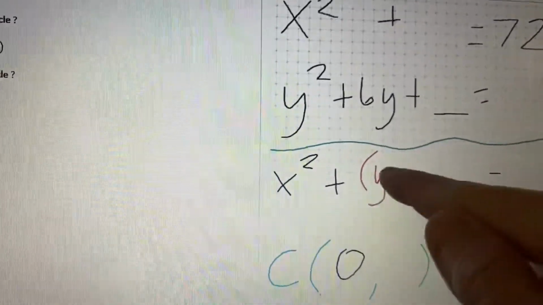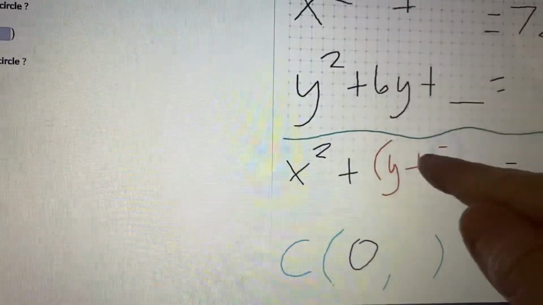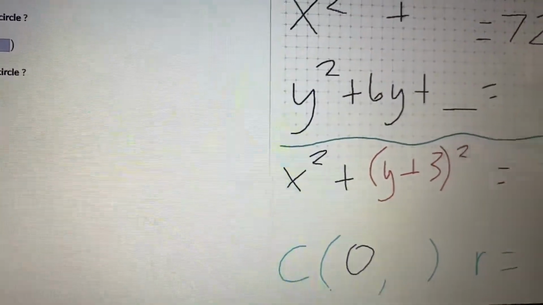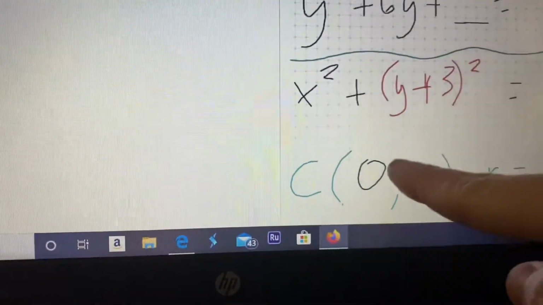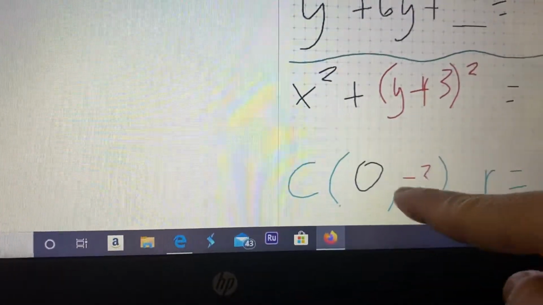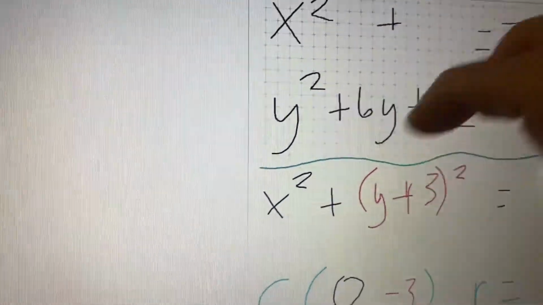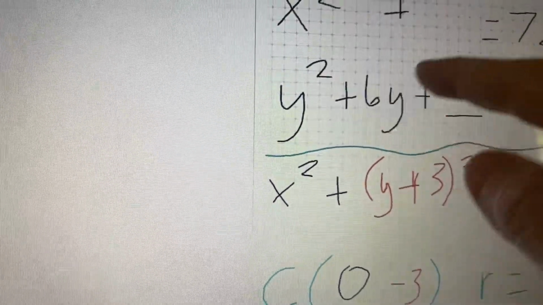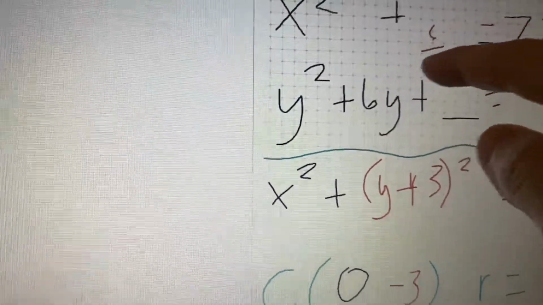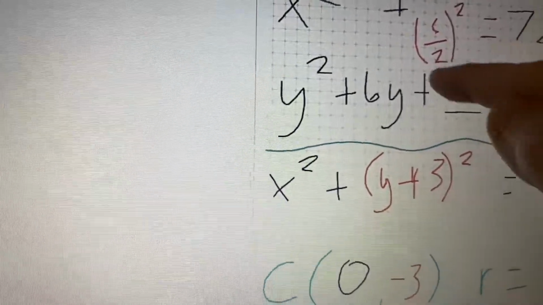It's going to be y plus, keep that same sign, divide this by 2. 6 divided by 2 is 3, squared. Now, if that's the equation, then the center will be at -3 for the y value. But the way this continues to work so you can get the correct radius, if you divide this by 2 and then you square that answer, 6 divided by 2 is 3, 3 squared is 9.